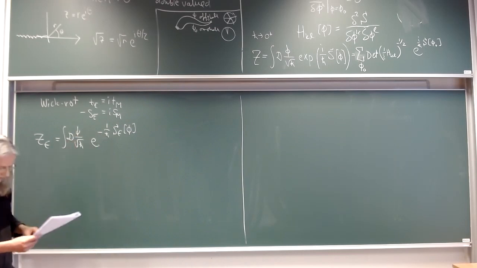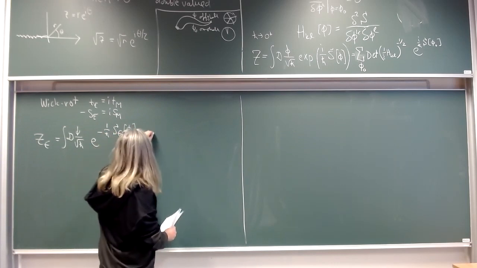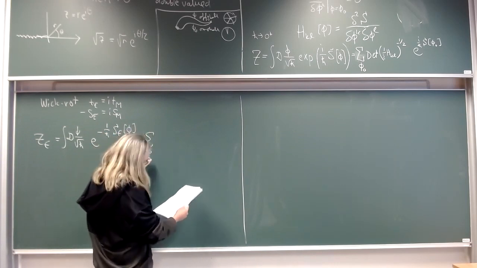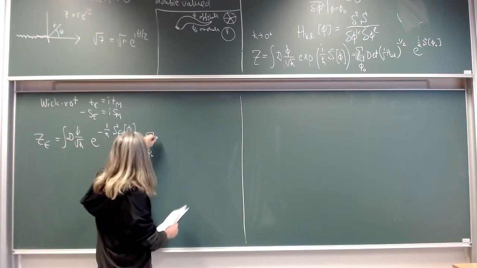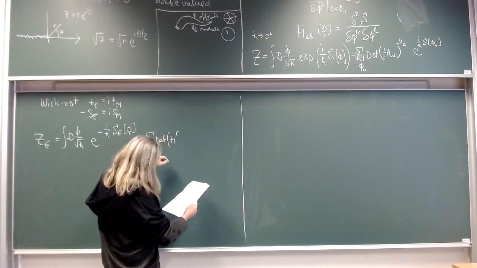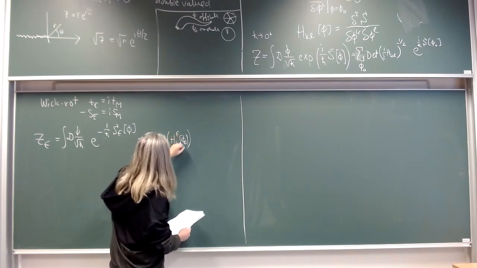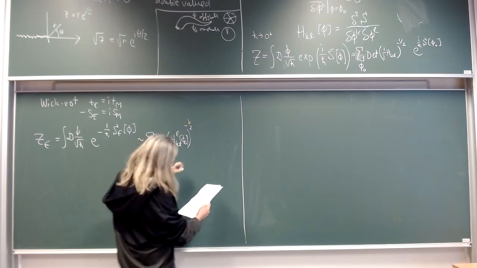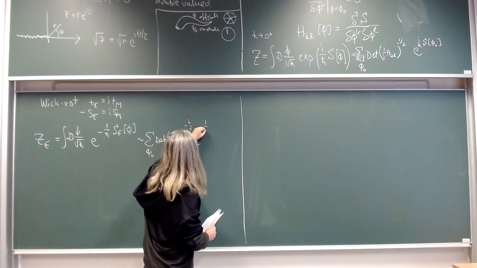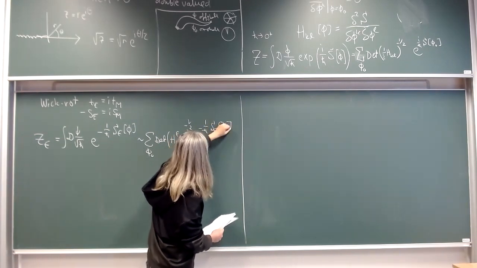And what the formula will give in this case is something like the sum over stationary configurations of the determinant of the Euclidean Hessian to the minus a half, times e to the minus 1 over h bar times the Euclidean action.